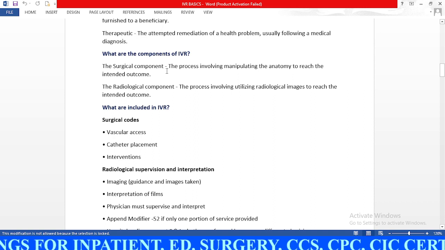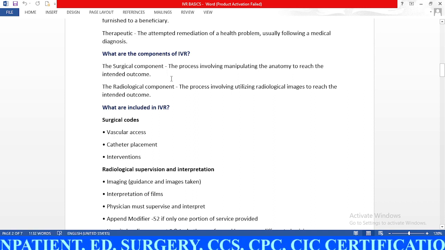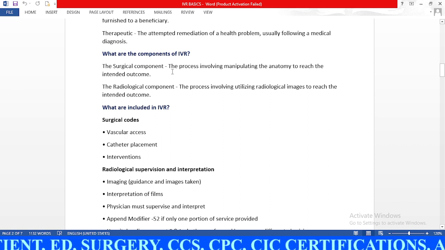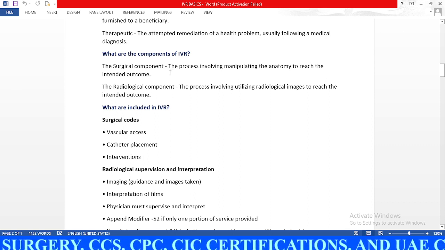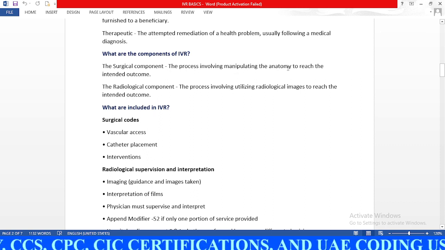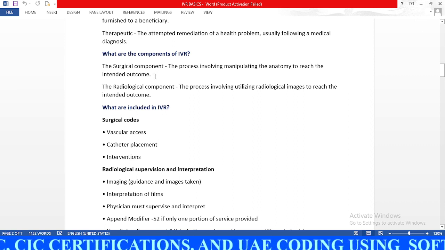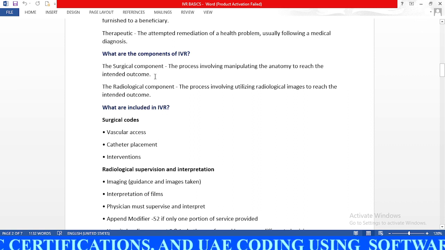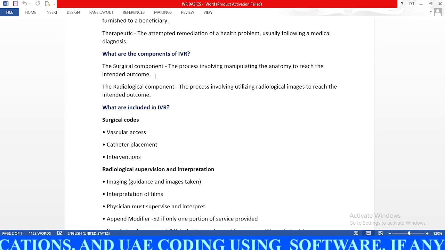So what are the components of IVR? Basically in IVR, we have two components, the surgical component and the radiological component. What is the surgical component? The process of manipulating the anatomy to reach the intended outcome. So in order to gain the intended outcome, we will use the surgical component.